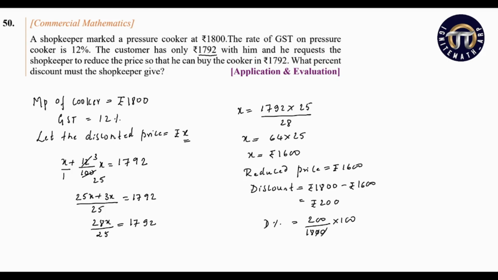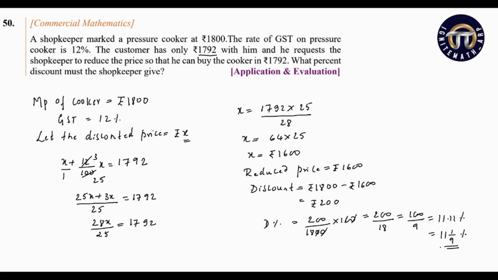So these 0s get cancelled. I get this one as 200 by 18, that is nothing but 100 by 9, okay, that is nothing but 11.11%, which can also be written as 11 1 by 9%. This is the rate of discount.